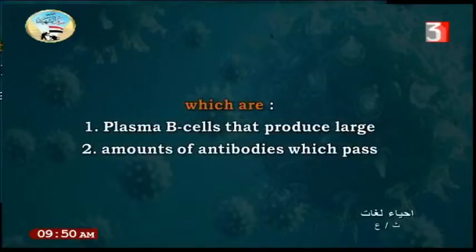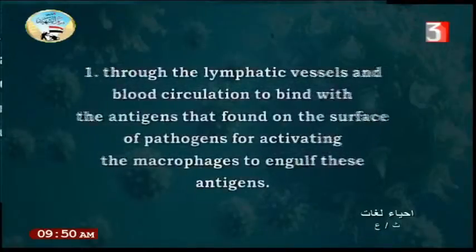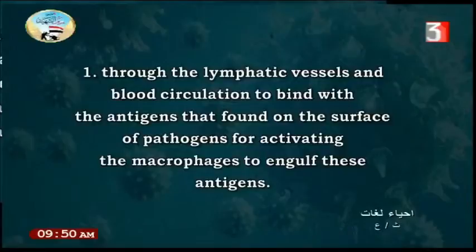The first, plasma B cells, which produce a large amount of antibodies, which pass through the lymphatic vessel and the blood circulation to bind with the antigen. These antigens are found on the surface of the pathogen, activating the macrophage to engulf the antigen of the microbe.